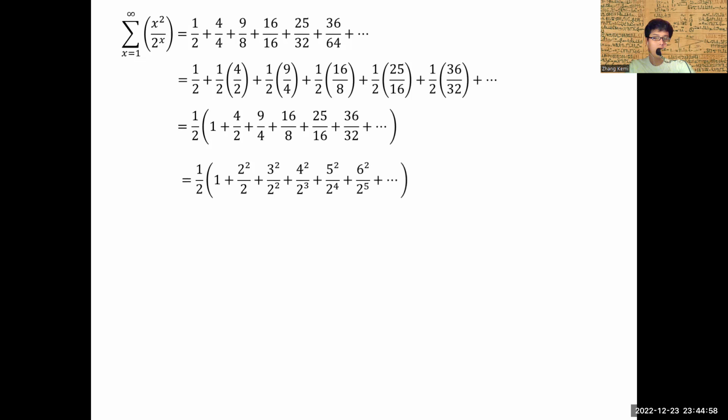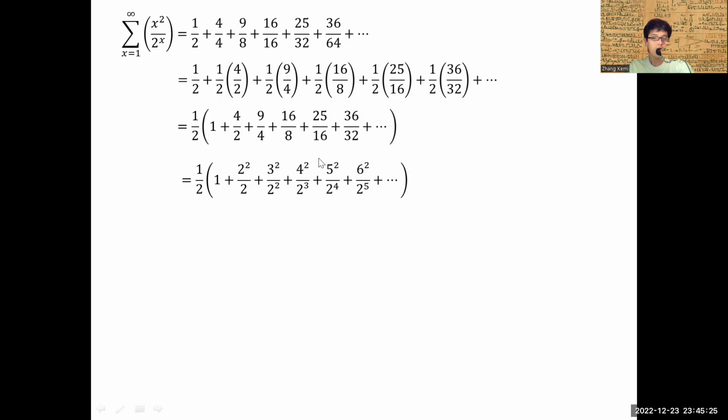If you look at this pattern, 1 is 1. 4 over 2, for instance, is 2 squared over 2. 9 over 4 is 3 squared over 2 squared. Then 4 squared over 2 cubed, 5 squared over 2 to the power of 4, 6 squared over 2 to the power of 5.